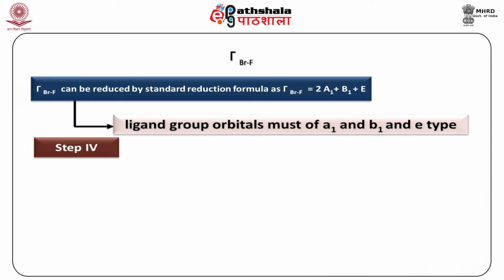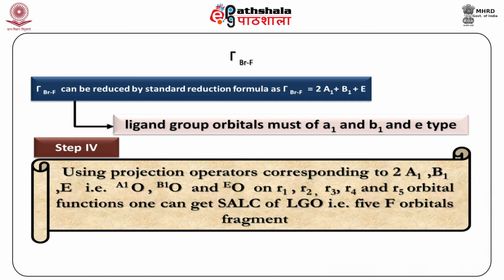Step 4 says that using projection operators corresponding to 2A1, B1 and E, that is A1, B1 and E operators, on R1, R2, R3, R4 and R5 orbital functions, we can get the SALCs of the ligand group orbitals, that is the 5 F orbitals fragment.